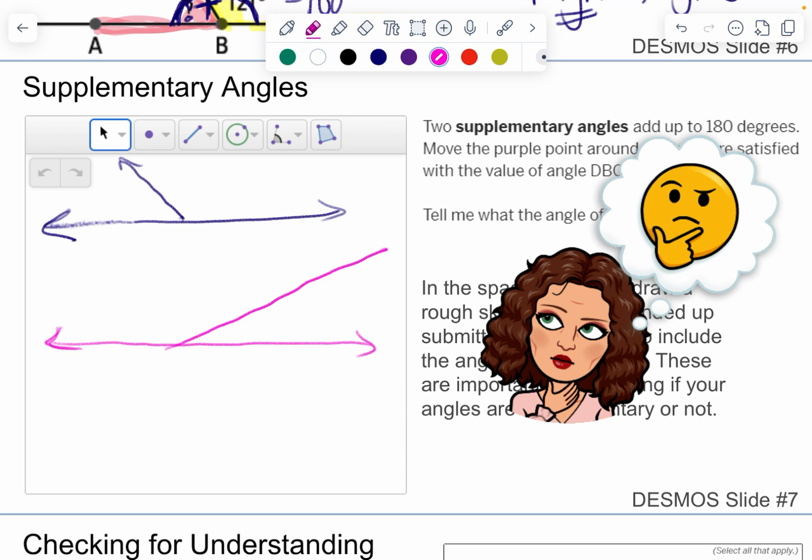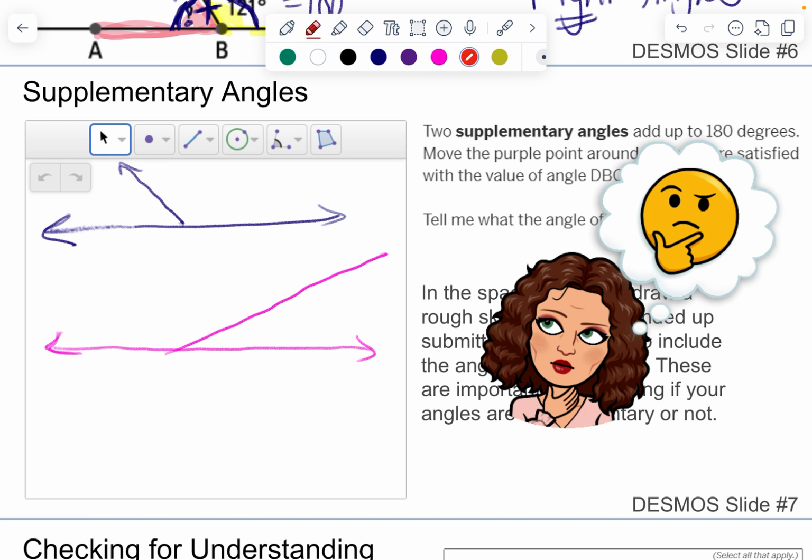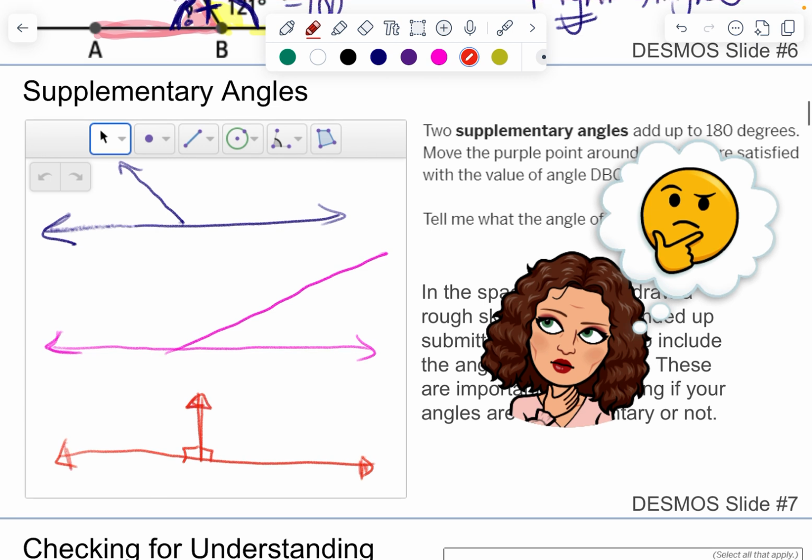Again, you have an obtuse and one acute. But you could have this, where they're both 90. And it's going to get a little more detailed as we move forward, and you'll see what I mean. All right.